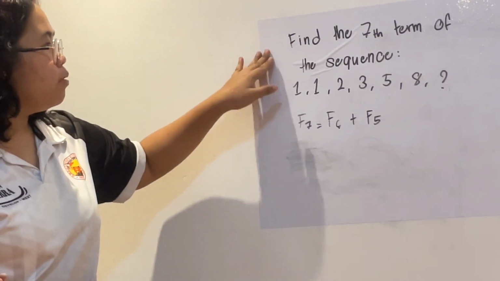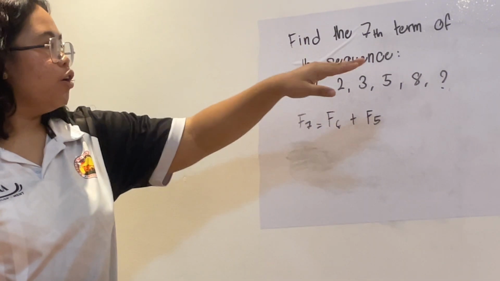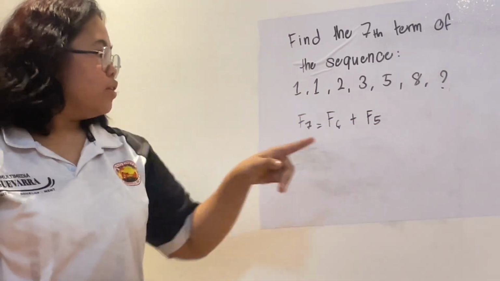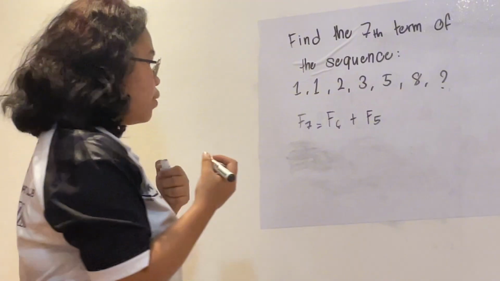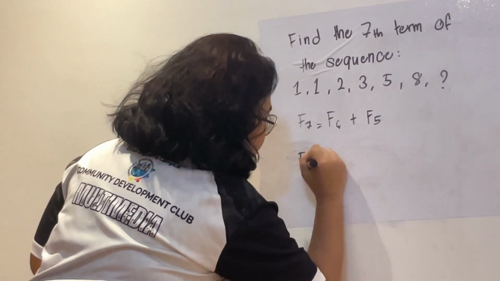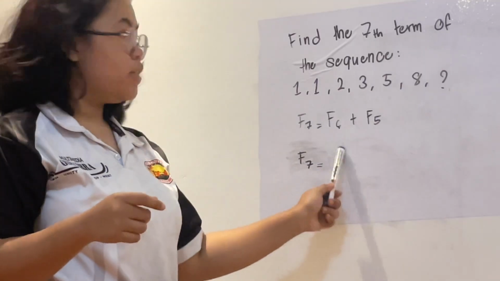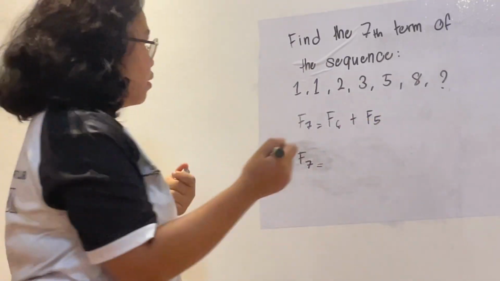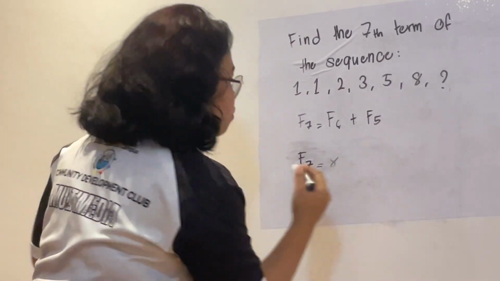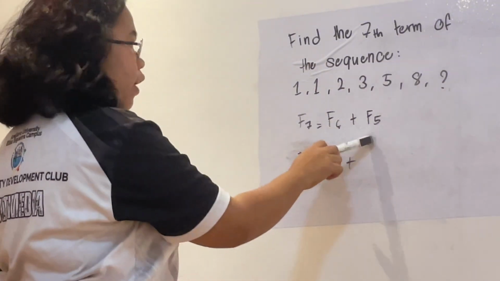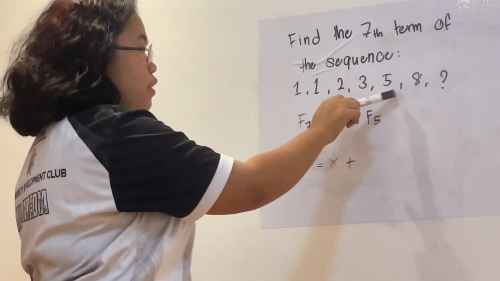So now we have a problem here. Find the seventh term of the sequence. So we have a missing number here. So now let's solve it. So F7, let's put here. Then our F sub 6 is the 8, and plus F sub 5 is the 5.